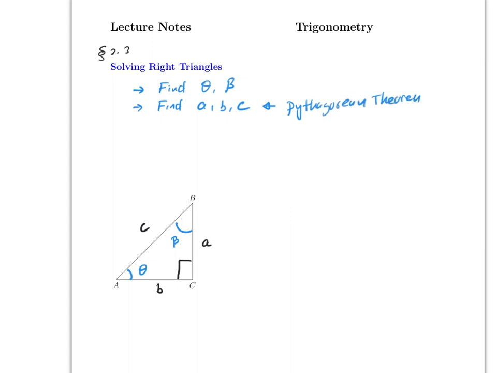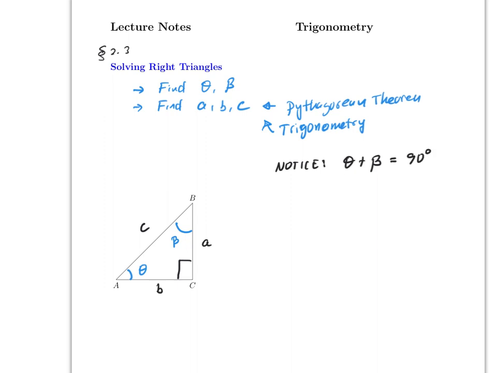But you can also use trigonometry, and it all depends on how the question is asked or what information you are given. Also, notice, in case you haven't noticed this, that for a right triangle, theta plus beta always has to be equal to 90 degrees.